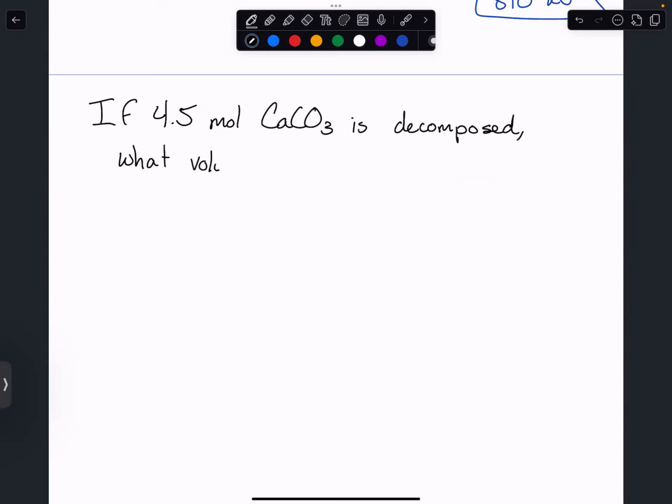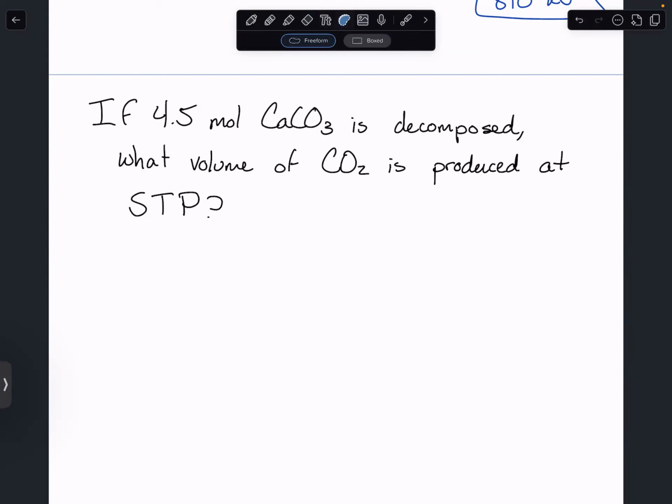What volume of CO2 is produced at STP? All right, and the first thing we're going to do is assume that carbon dioxide is an ideal gas under these conditions.